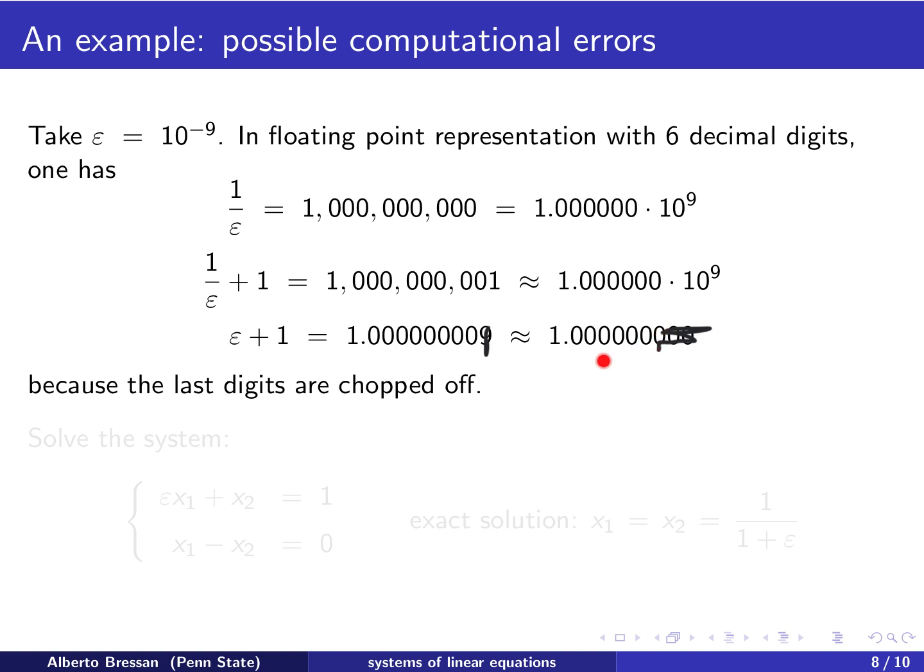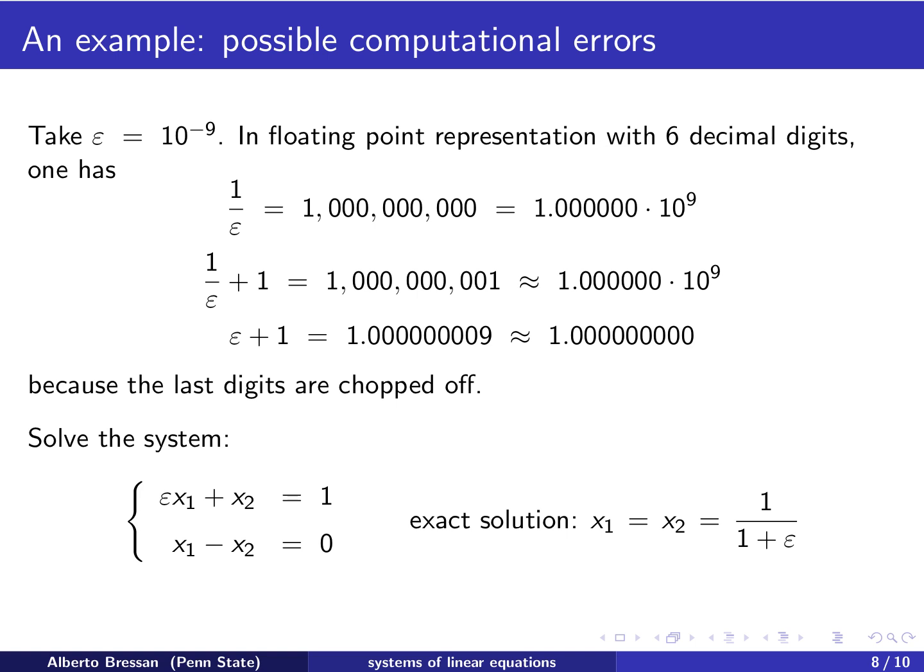So it will chop off the last 3, and you will get 1.000000. Here you see that because epsilon is extremely small, when you do 1 plus epsilon, it's just 1, and the computer cannot distinguish between 1 plus epsilon and 1.